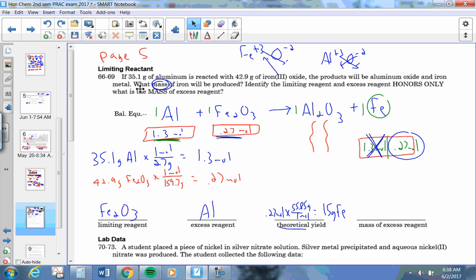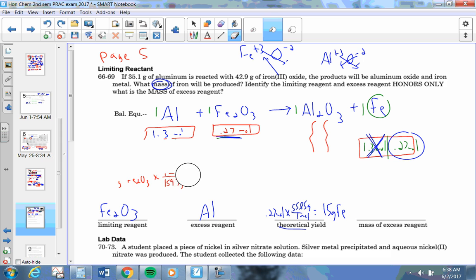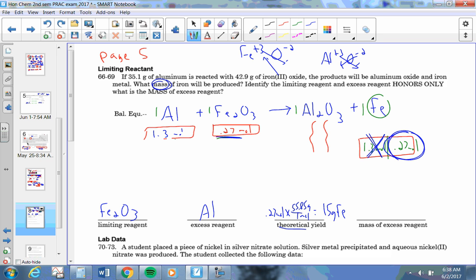Now the next part. How much extra stuff am I going to have? I'm going to get rid of this. Maybe bad planning. I know that I can only make 0.27 moles. I'll use up all of this. There'll be none left because that was the limiting reagent. But how much aluminum will I have? Well, 1 mole of iron required 1 mole of aluminum.